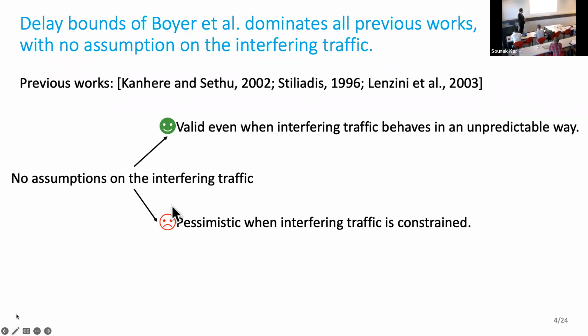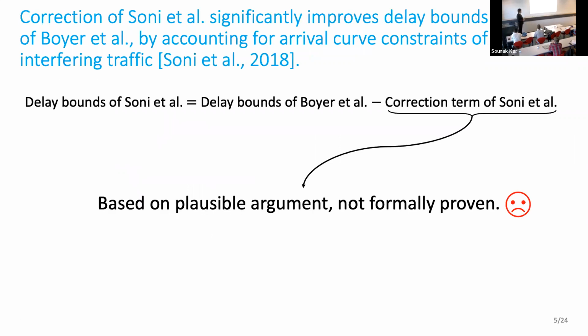On the other hand, these delay bounds might be very pessimistic when interfering traffic behaves as expected or is actually constrained. For such cases, Soni et al. provide a correction term to the delay bounds of Boyer et al. These correction terms take into account the arrival curve constraints of the interfering traffic and significantly improve the bounds found by Boyer et al.